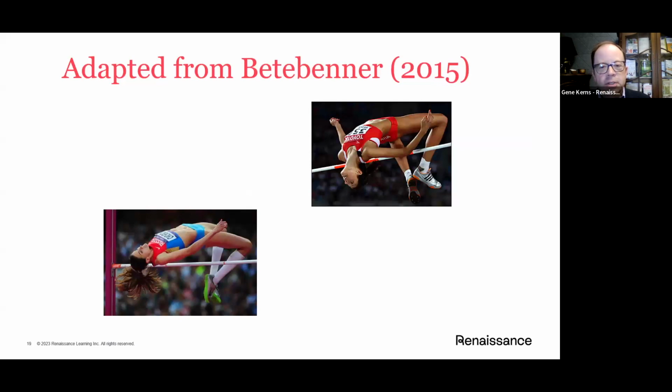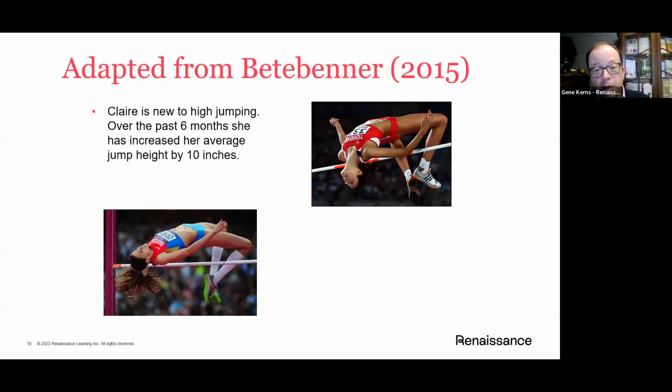You got two kids on your team. Well, hopefully you got more than two, but I'm just going to use two as an example. You've got one kid, Claire. She's new to high jumping. Never done it before till she came out this particular season to do this. And over the last 6 months, she has increased her average jump height by 10 inches. Okay. So that's the dynamics for Claire.